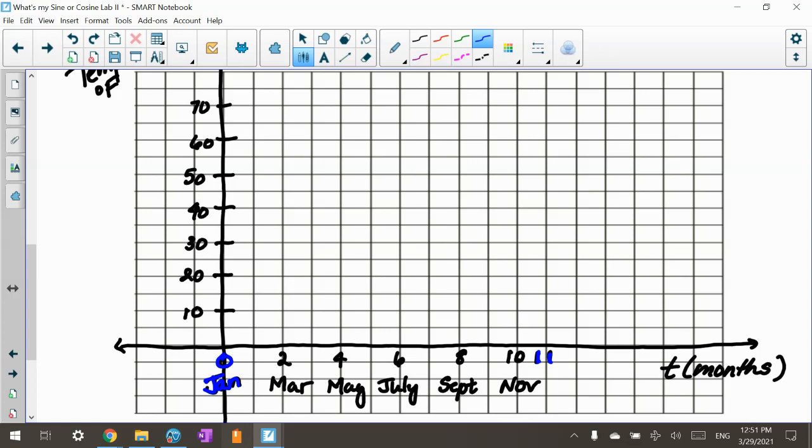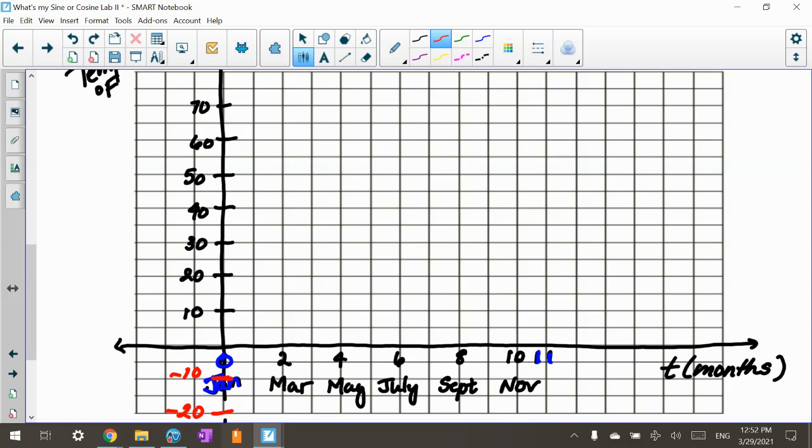Now for the points. 0, January, is negative 11.5. If I count by 5s, this is negative 10, and this right here would be negative 20.